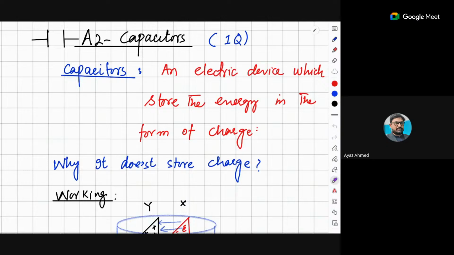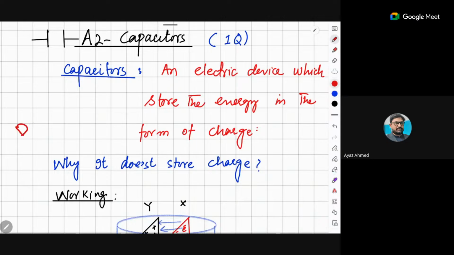So what is a capacitor? A capacitor is an electrical device which stores the energy in the form of charge. It is exactly like a water reservoir, a dam, I can say. What is the main function of the dam?